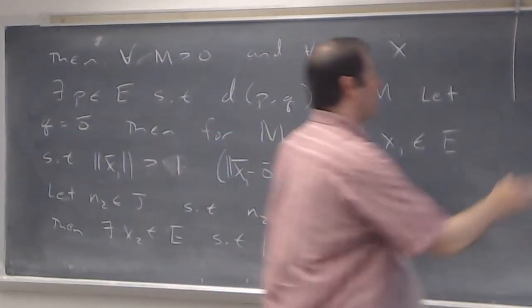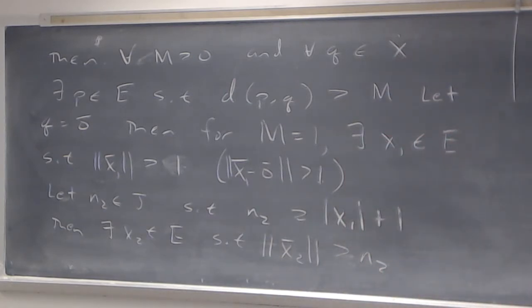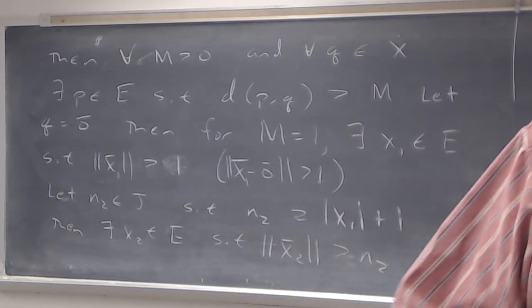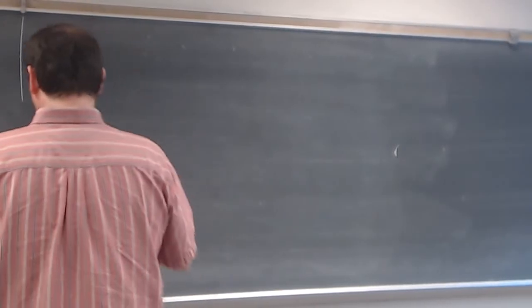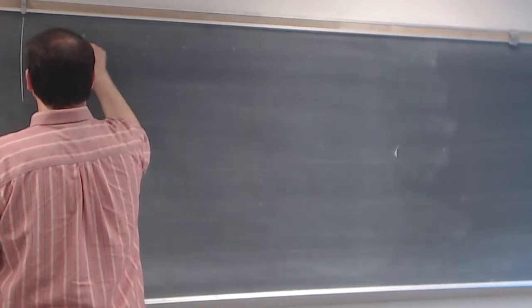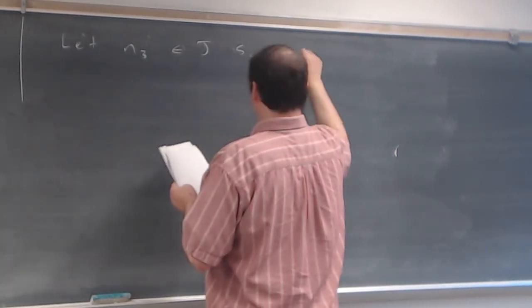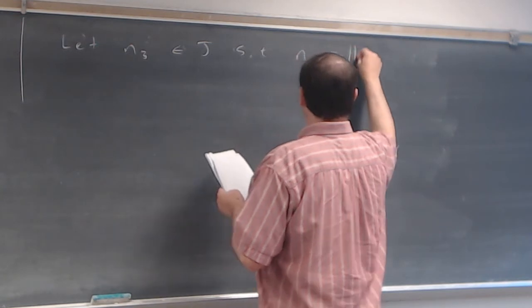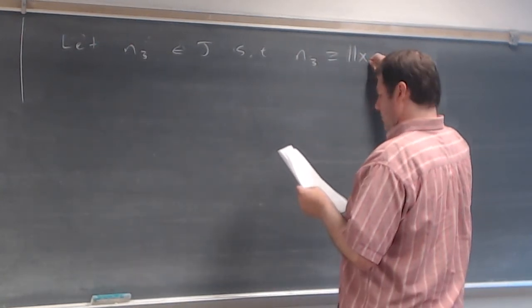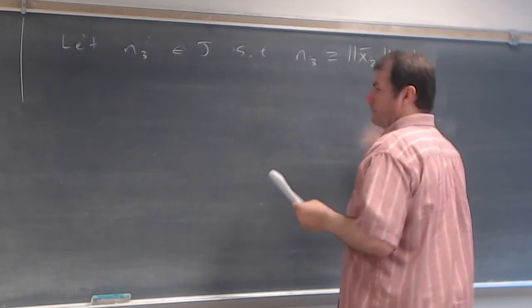We're going to continue this process. So we let n sub 3 be an element of the natural numbers such that n sub 3 is greater than or equal to the norm of x sub 2 plus 1.